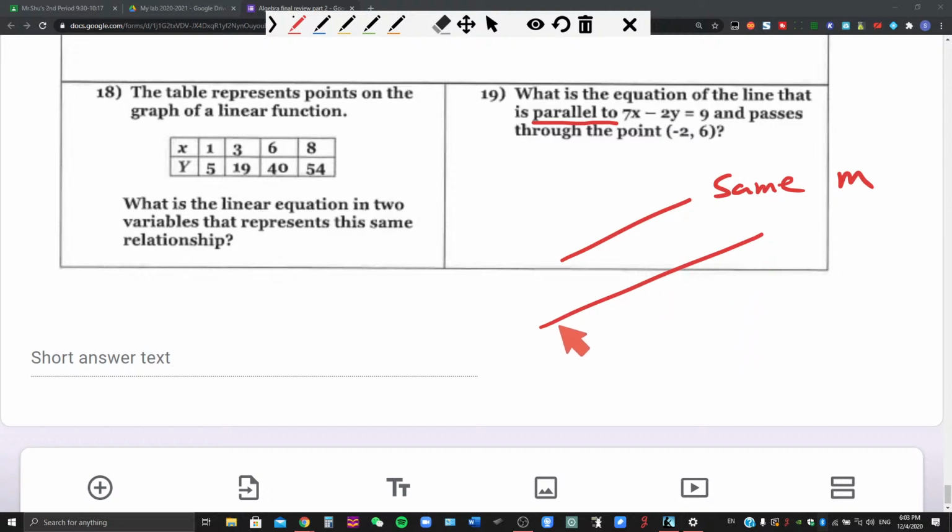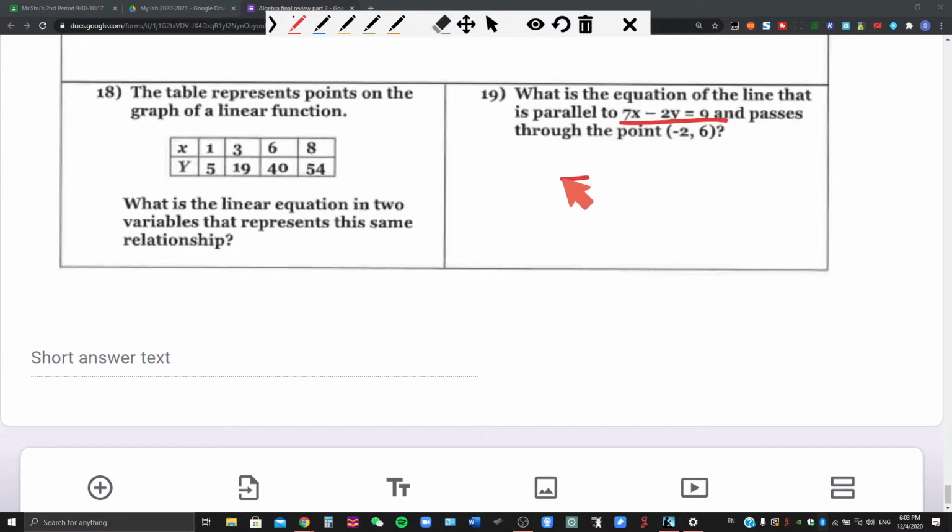If you know m1, then you know m2 because they are the same. That's the meaning of parallel. So if we can find this slope, then we know the other line's slope.